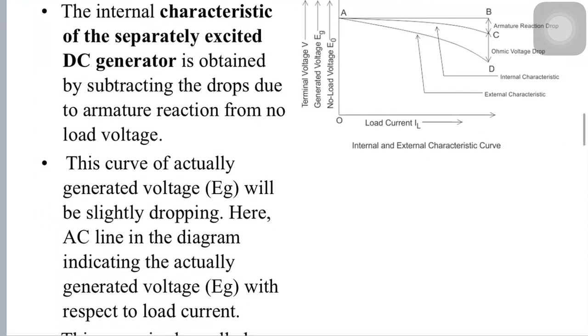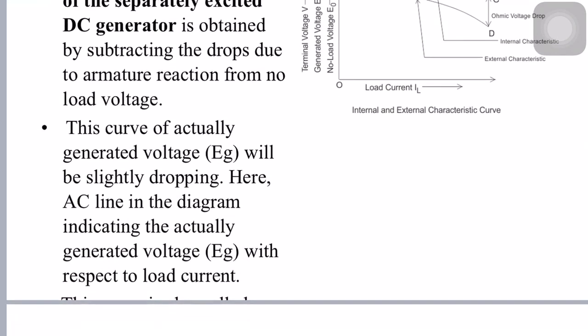The actually generated voltage will be slightly drooping in nature. We can observe in the diagram it is slightly drooping, and the line AC in the diagram indicates the actually generated voltage EG with respect to the load current.